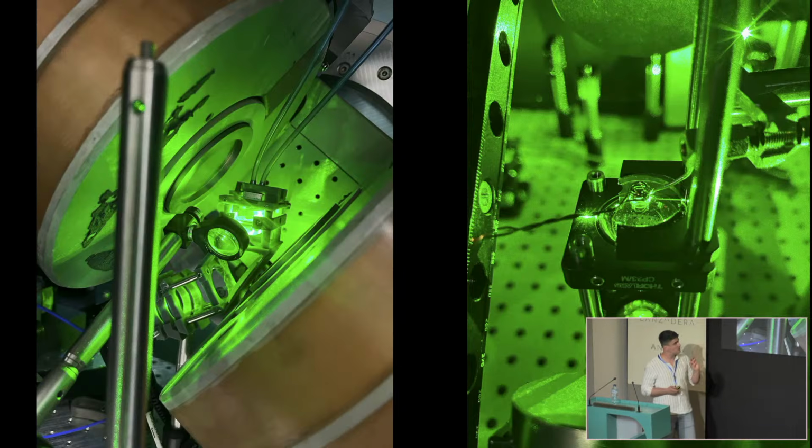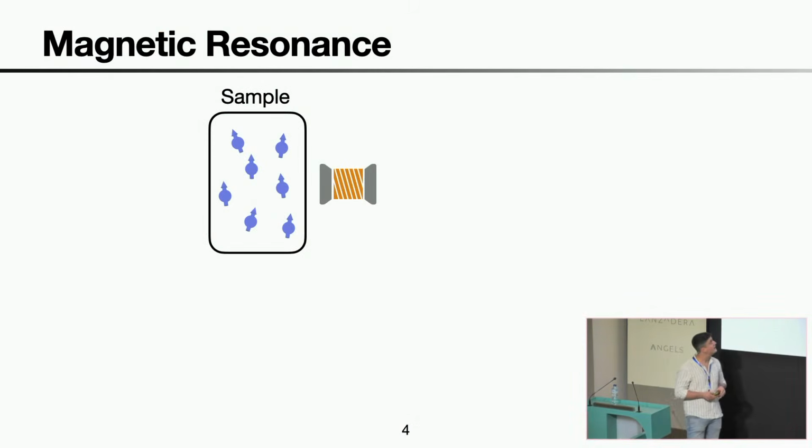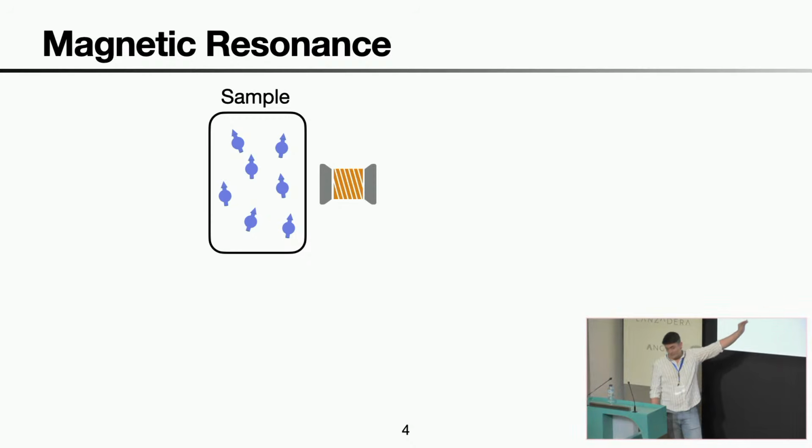Now, how do these two technologies relate to each other? First of all, in a bit more detail, this is an NMR machine. So we have a sample with a lot of spins. And a lot of spins means a macroscopic number of spins, so millions and millions and millions. We have our coil. It's just a classical coil, so there's nothing quantum there, only in the sample. And then we apply a radio frequency.